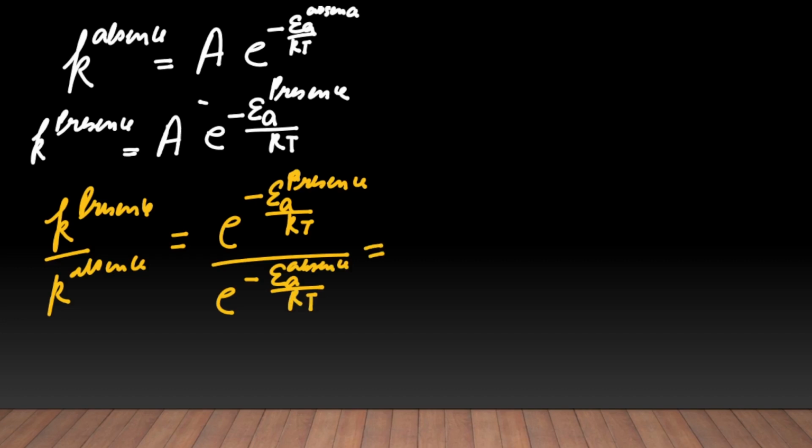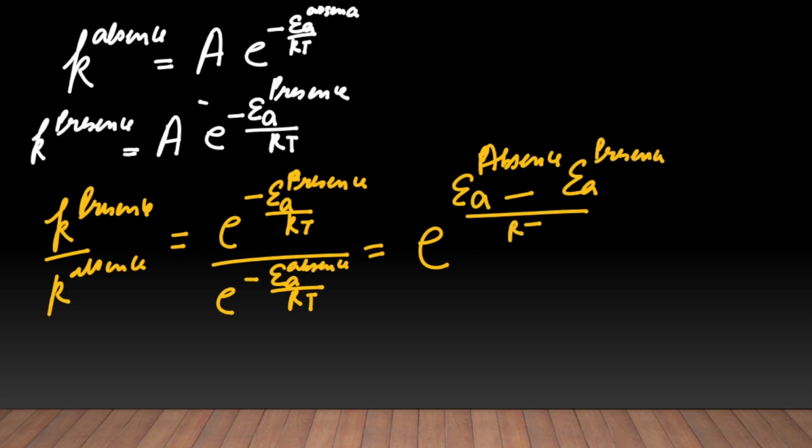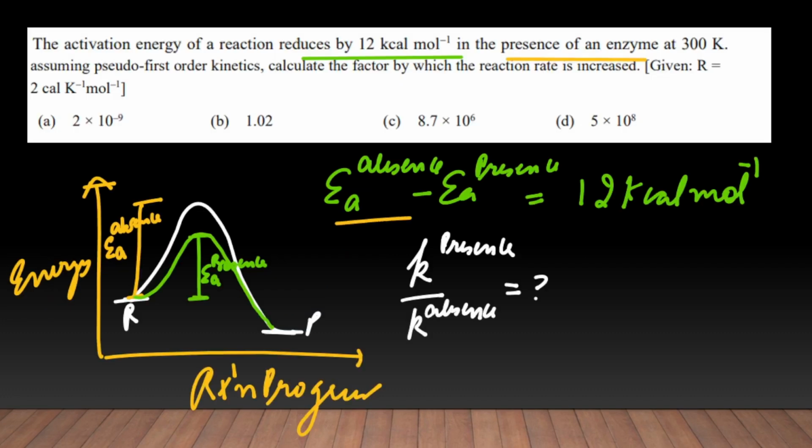That becomes e raised to the power of the activation energy in the absence minus the activation energy in the presence of the catalyst, upon RT. This difference is already known to us: it is 12 kilocalories per mole.